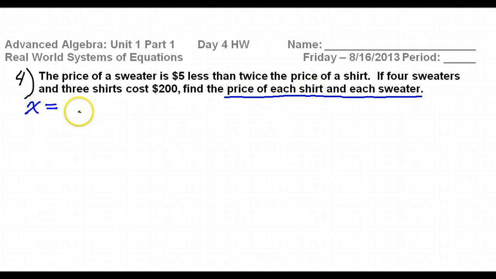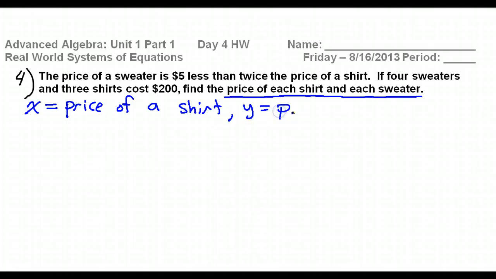Don't just say X equals shirt and Y equals sweater. It's the price of a shirt. Please be specific. The price of a shirt. And I'm going to let Y be the price of a sweater. Okay, that's called defining your variables, and that is your first step.